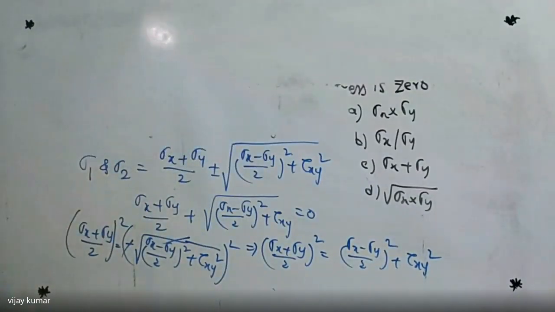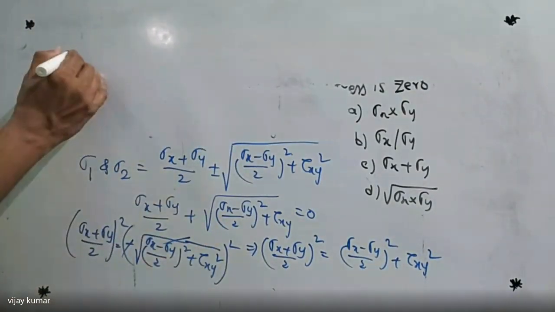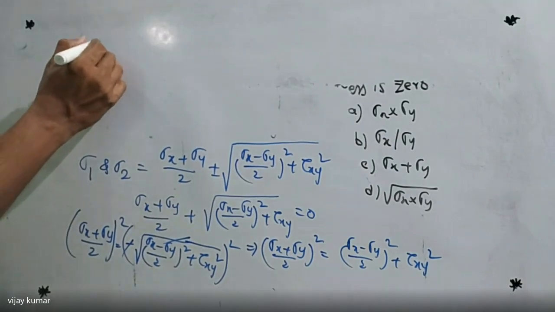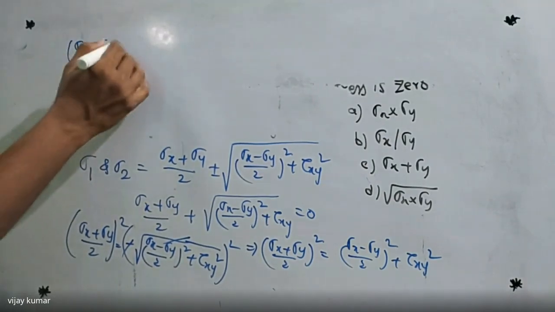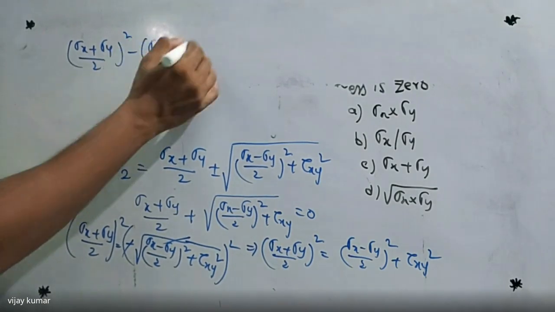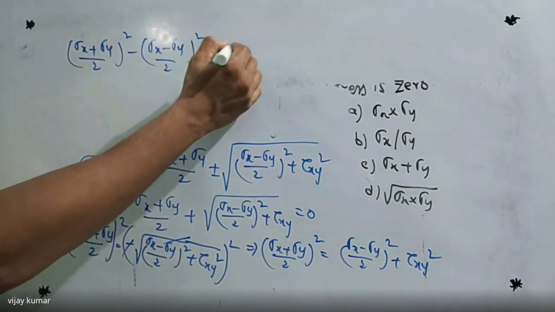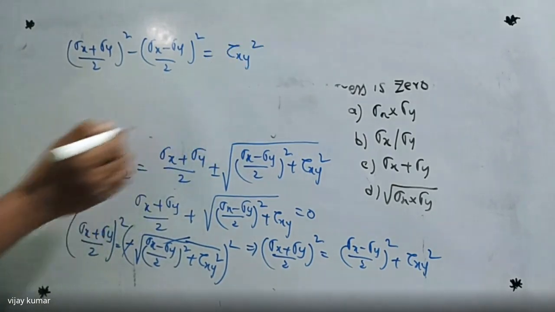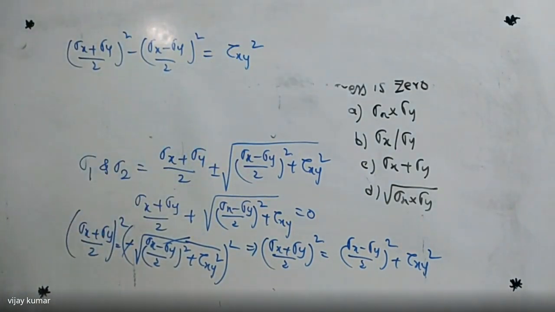Now tell me here. So here I am writing (sigma x plus sigma y by 2) whole square minus (sigma x minus sigma y by 2) whole square is equal to tau xy square. Now we are going to find the value of tau xy square. Did you get my point or not?